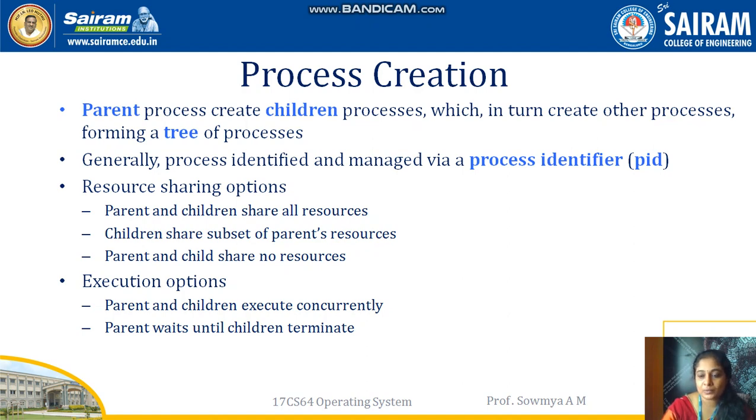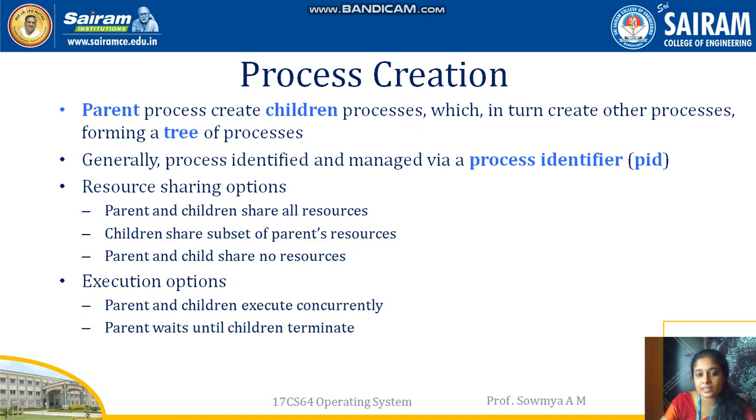Every process which is created will have a process identifier, a process ID, a unique identification number, and resource sharing is allowed between parent and child. Parent's resources can be shared by the child process, and the child shares a subset of the parent's resources with the next level of children, and so on.